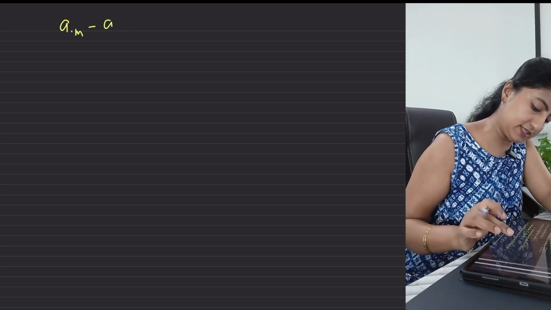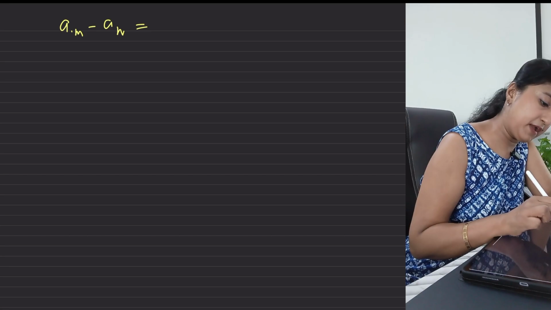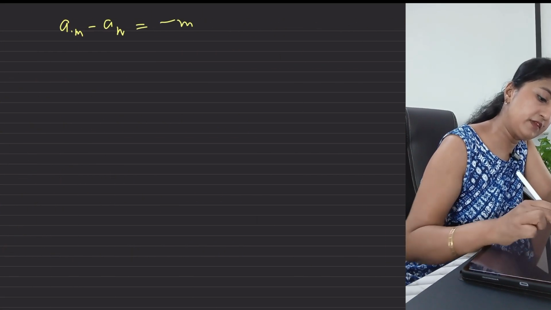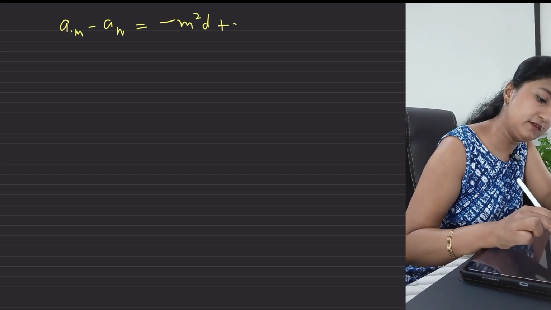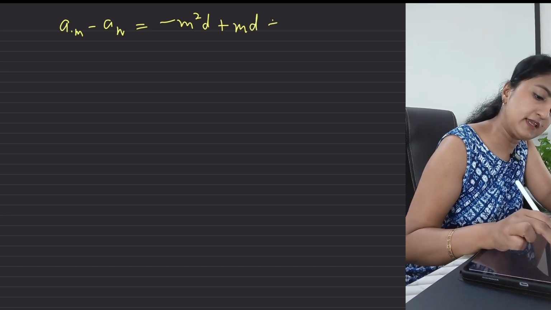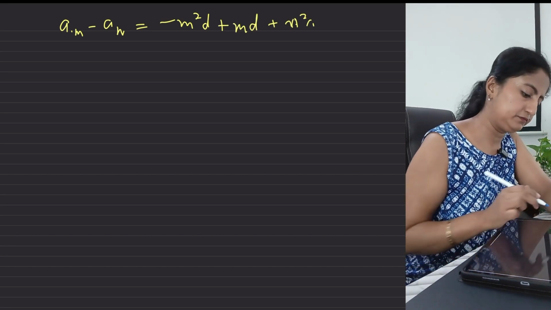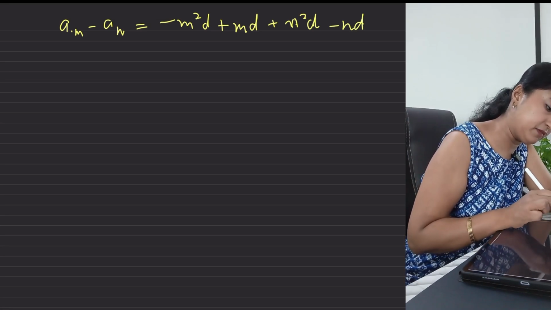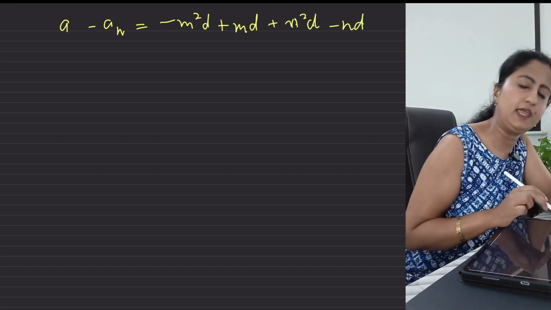Now what we have on the other side is minus m²d plus md plus n²d minus nd. Okay, just a sec. It was not like that. Rather, it was am and an.